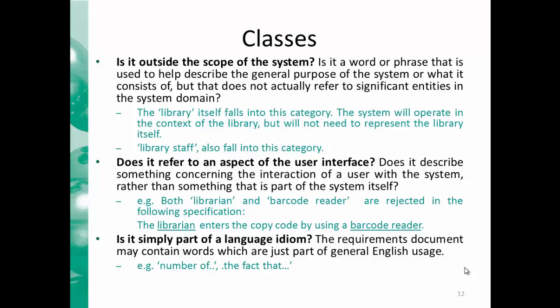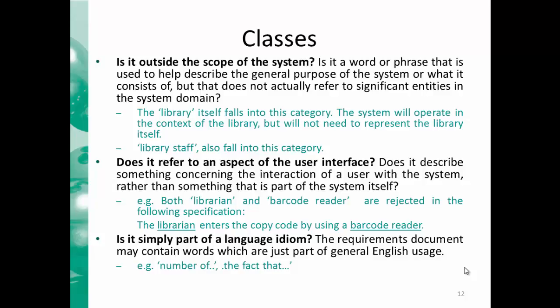Fourth guideline to reject candidate classes is if the noun or the noun phrase refers to an aspect of the user interface. For example, we have the candidate class barcode reader.